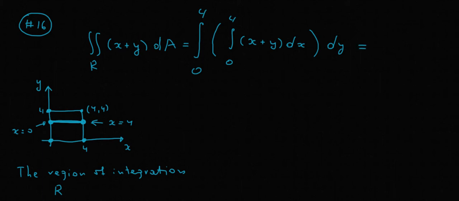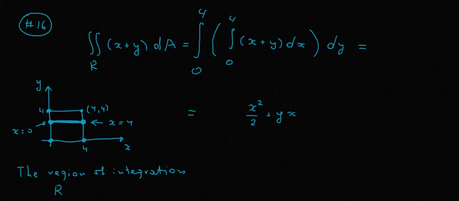Okay, so let's do our first integration. We're integrating x plus y over x. y is a constant, and the integration is from 0 to 4. First we need to find the antiderivative of the function x plus y with respect to x. That antiderivative is x squared over 2 plus y multiplied by x.